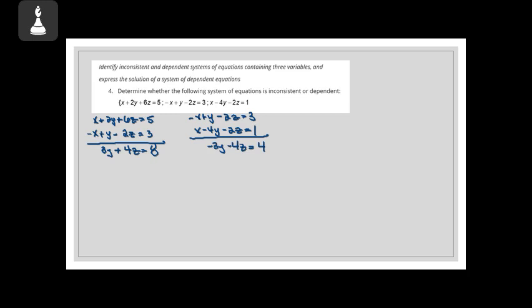If I take these two and stack them up, 3y plus 4z equals 8 and -3y minus 4z equals 4, I see that the y's cancel if I add, the z's cancel, and I'm left with 12 on the other side. So these don't work. This is an inconsistent system. We have parallel lines here, so we have no solution.